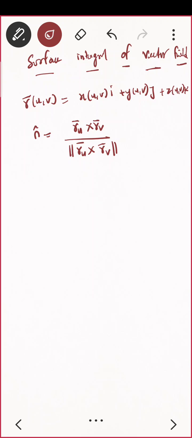So let me just define the surface integral.